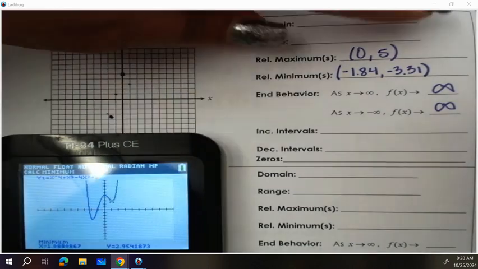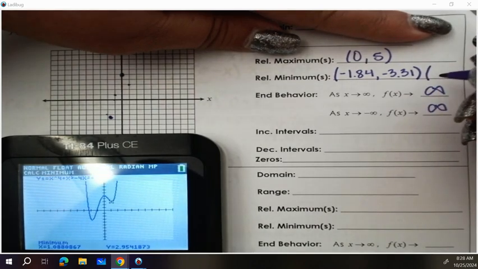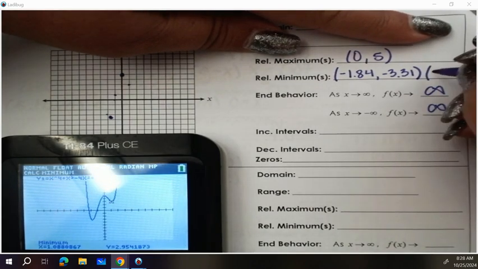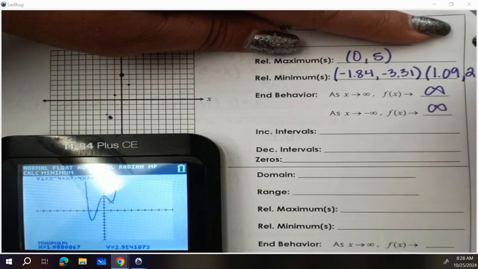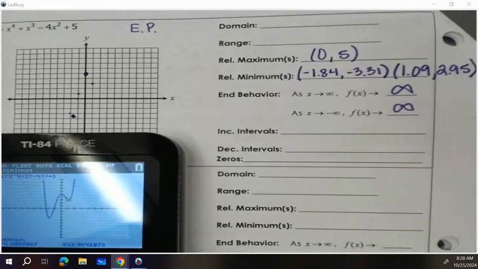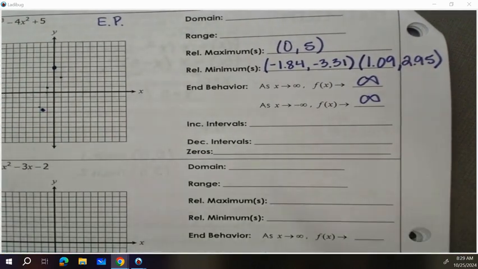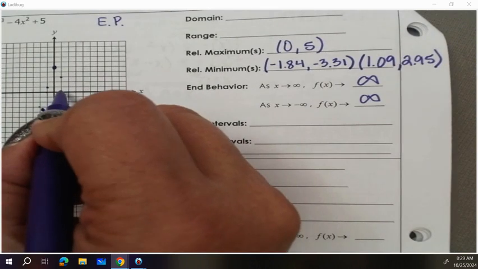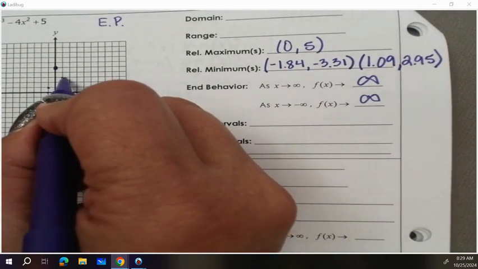Okay, so my other one is at 1.088, which means 1.09, and then 2.954, so 2.95. Okay, 1.09 and 2.95. So let's graph that one. 1.09 and 2.95 is almost to 3.